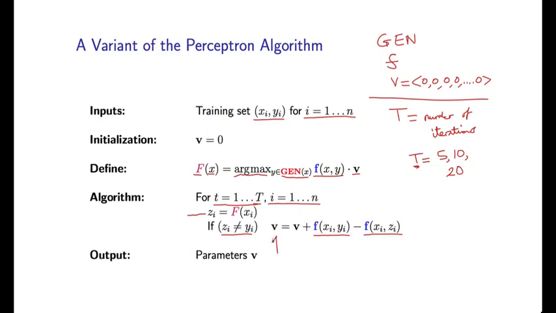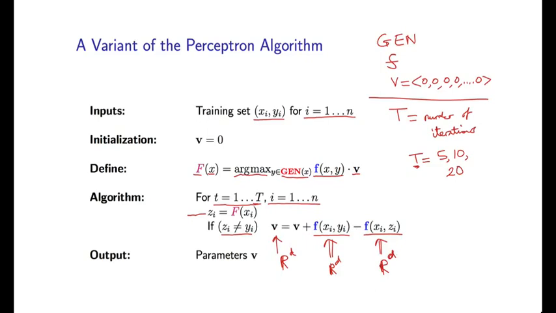So remember, all of these vectors are in some d-dimensional space. So the parameter vectors are d-dimensional, and the feature vectors are also d-dimensional. And so there's no clash here. These computations make sense. I'm adding and subtracting d-dimensional vectors.